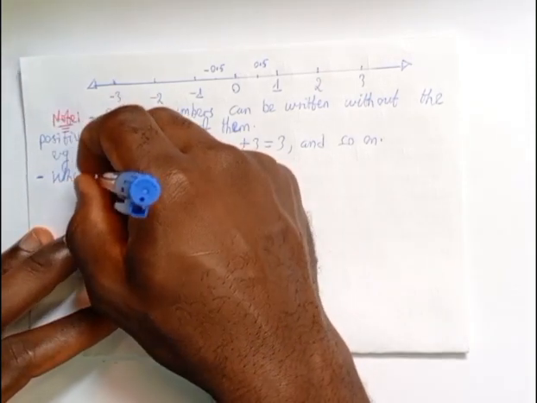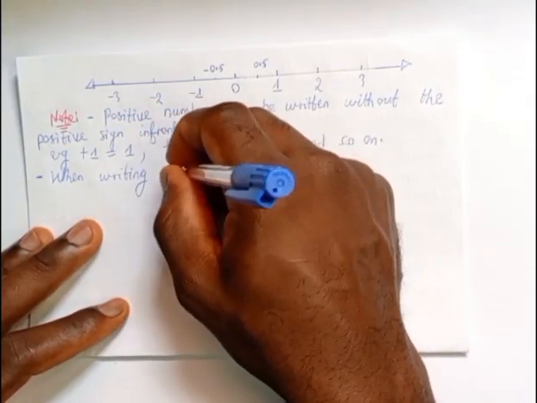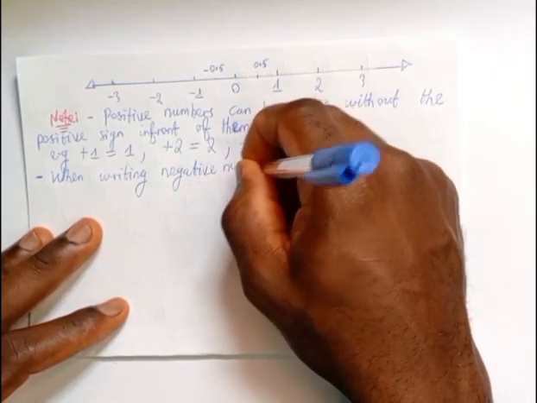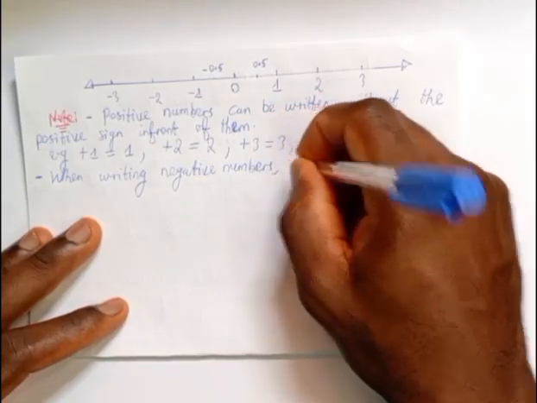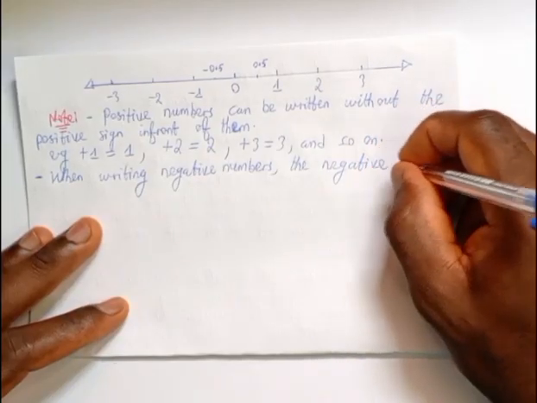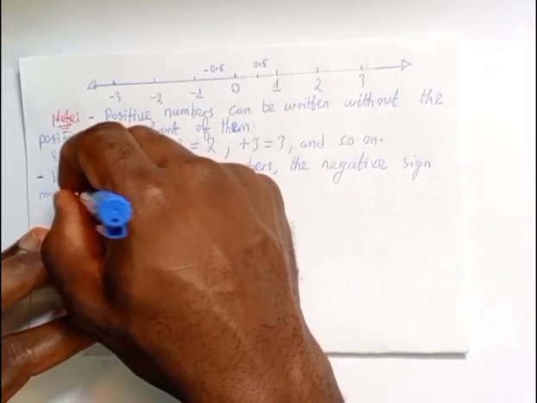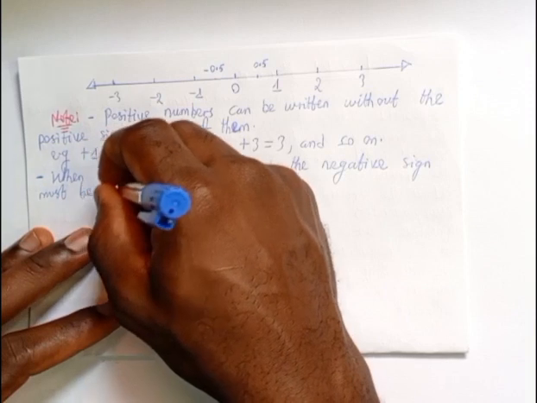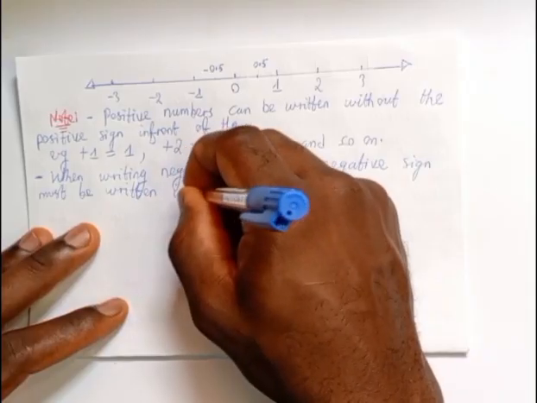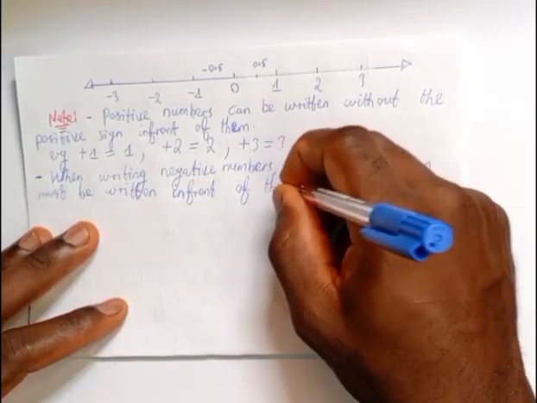Next, hyphen under the note. When writing negative numbers, the negative sign must be written in front of the number.